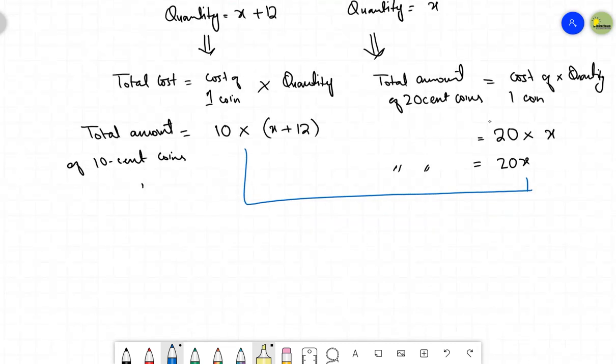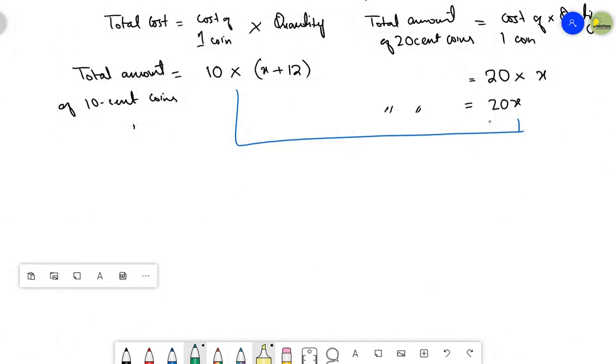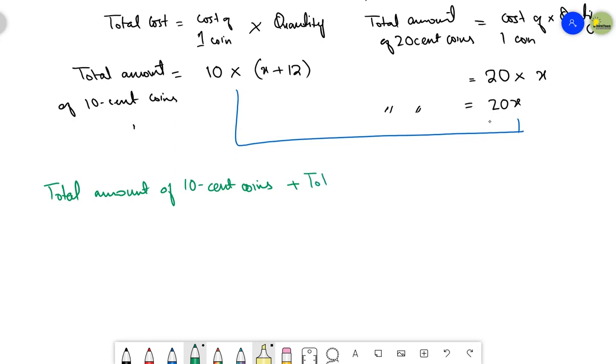So I need to add these two expressions. The total amount of 10-cent coins plus the total amount of 20-cent coins is equal to what?